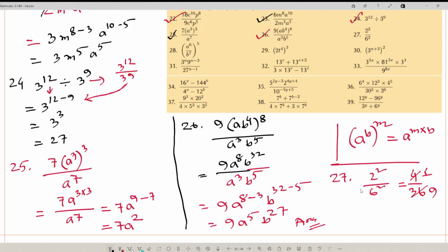But look, we can also write this way: 2 squared. If we factorize this 6, it will be 2 times 3 and then squared. Look, in the numerator 2 squared and in the denominator 2 squared times 3 squared. Look, 2 squared and 2 squared cancel out, 1 divided by 3 squared means 1 divided by 9. So this one is also 1 divided by 9. So both ways you can solve this one.